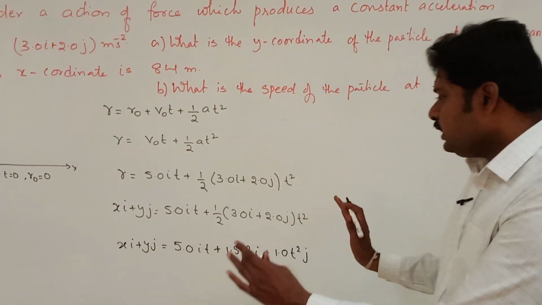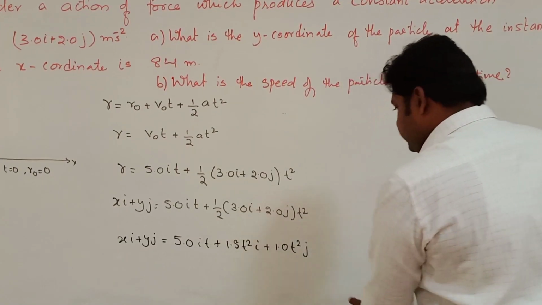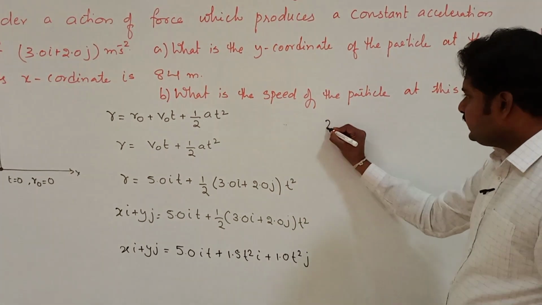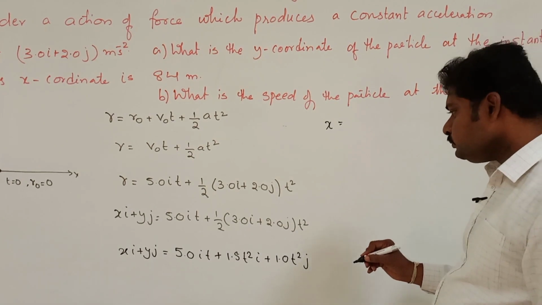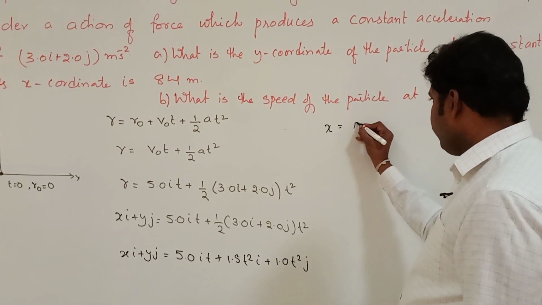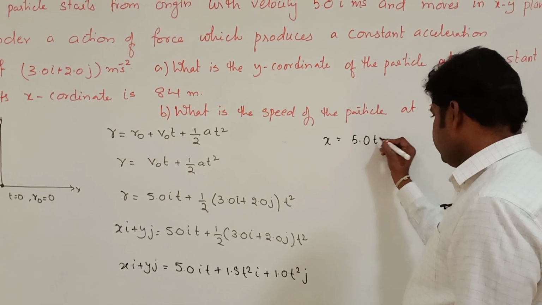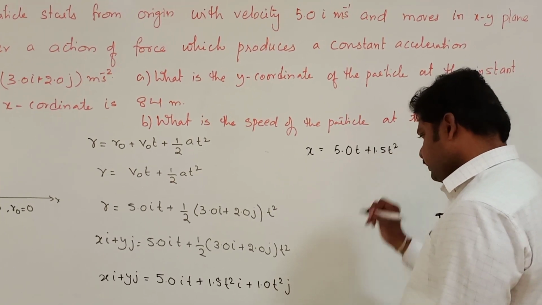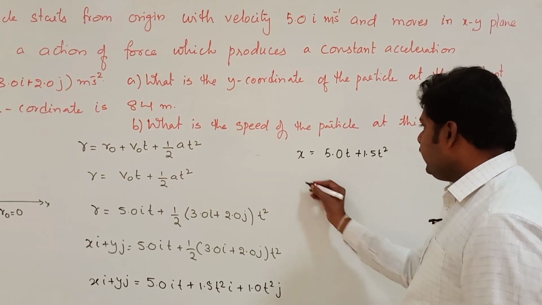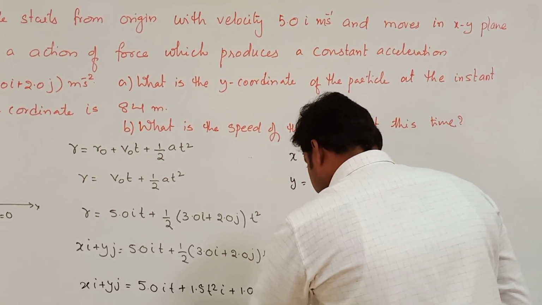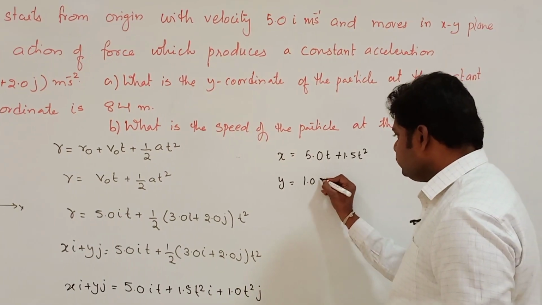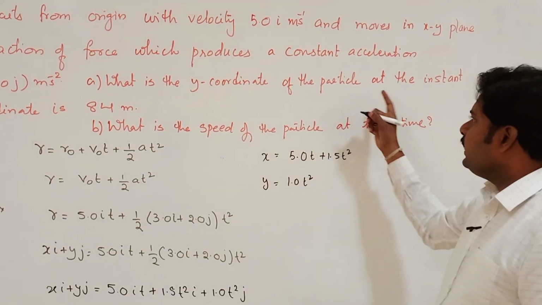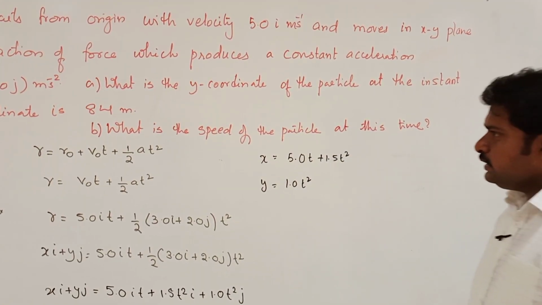Here i can be taken as common. So comparing x on both sides, x is equal to 5.0 t plus 1.5 t square, and the y coordinate is equal to 1.0 t square.